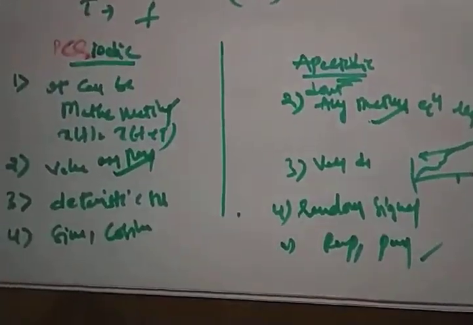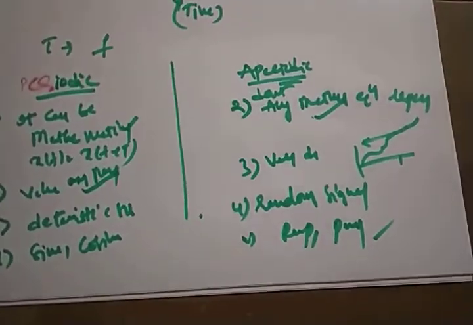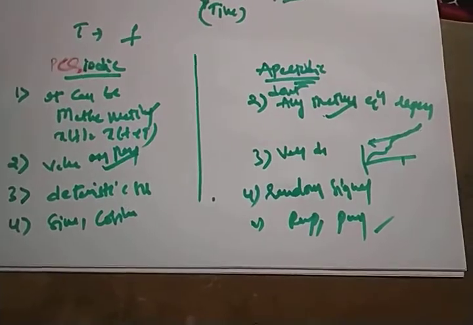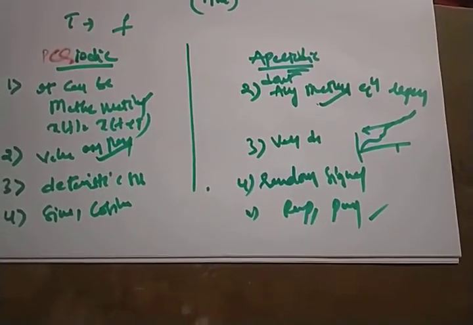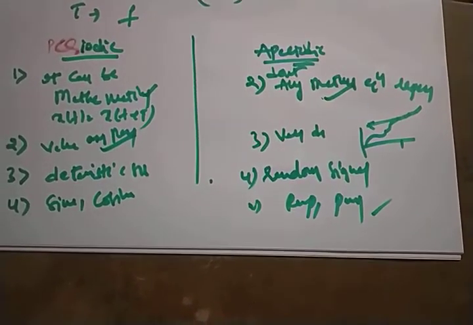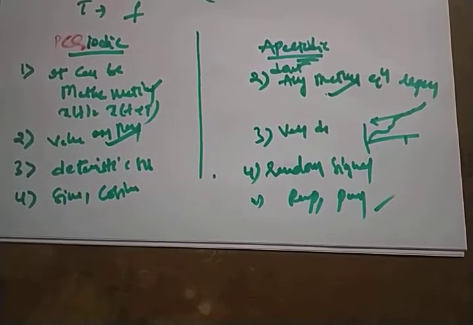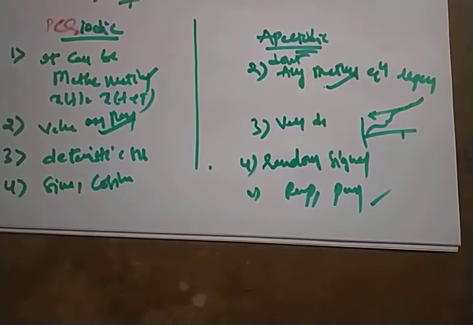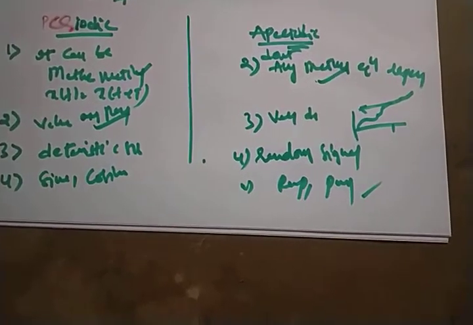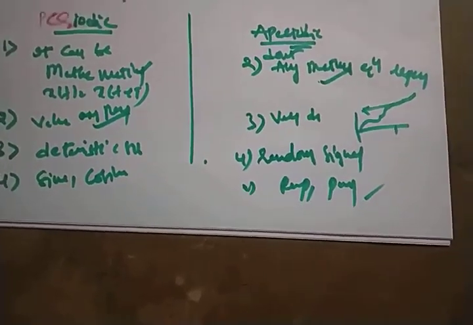So these are the differences between periodic and aperiodic signals. Periodic signals have a mathematical representation, but aperiodic signals don't have any mathematical representation. The value can be determined at any particular time for periodic signals, but it is very difficult for non-periodic signals. Periodic signals are deterministic; non-periodic signals are random signals.